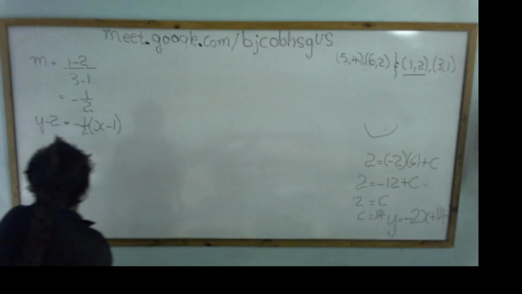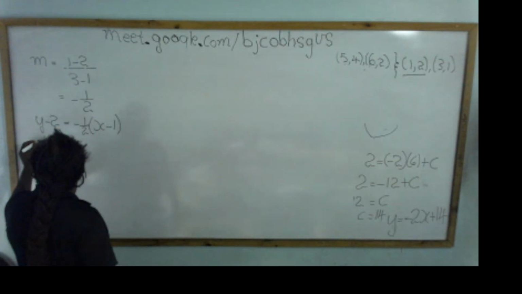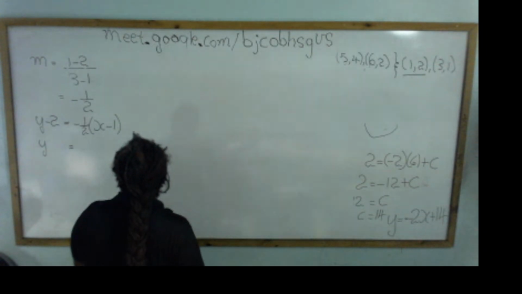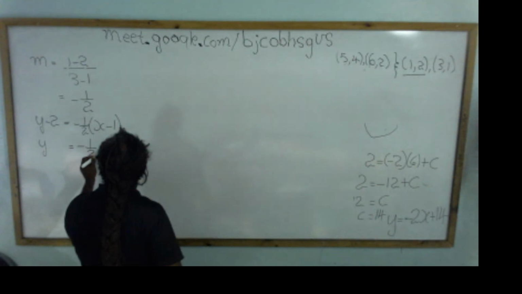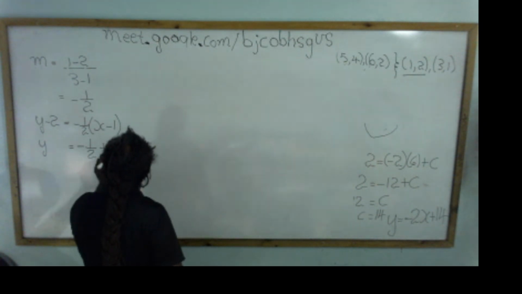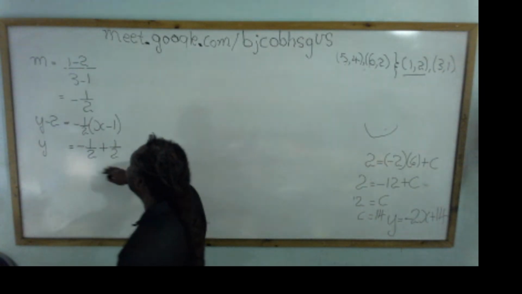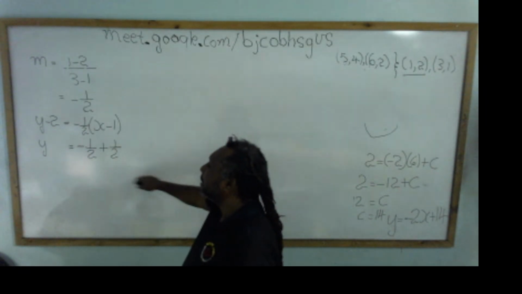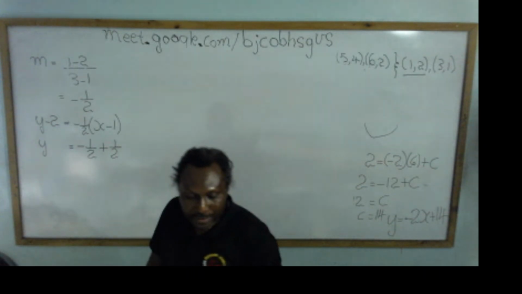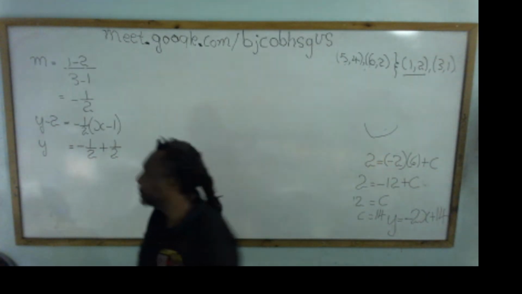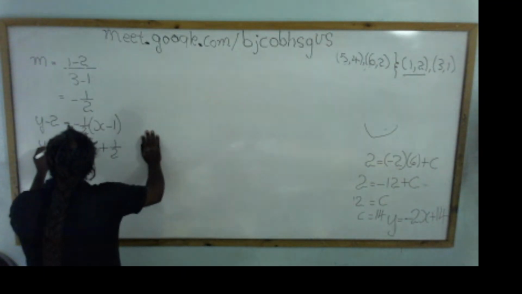Excellent. So y is equal to, we're going to let the negative 2 stay over there, negative a half x plus a half. Because these have a denominator of 2, we can write this with a denominator of 2. So 2 is actually 4 over 2, so this is going to be negative 4 over 2.